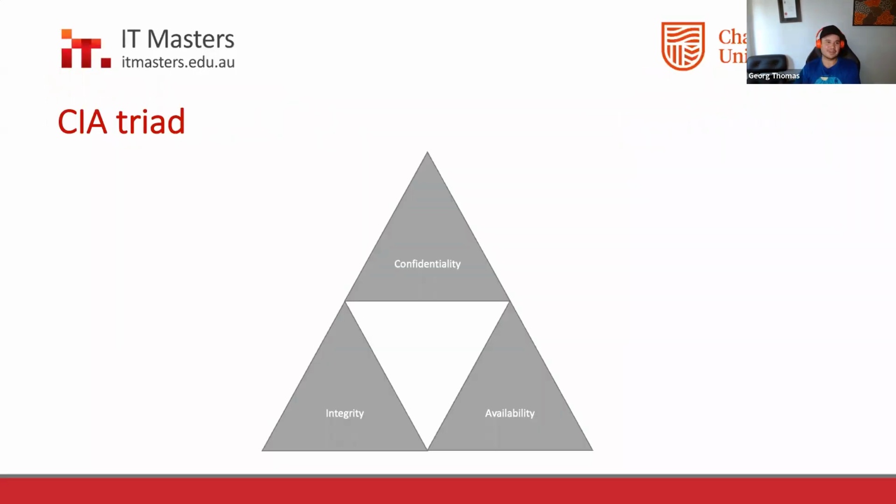So this is where it all starts. If you open pretty much any security book, CISSP or CEH or CISM or whatever, you're probably going to find that the CIA Triad features fairly early on. Here we're talking about the three principles of information security.